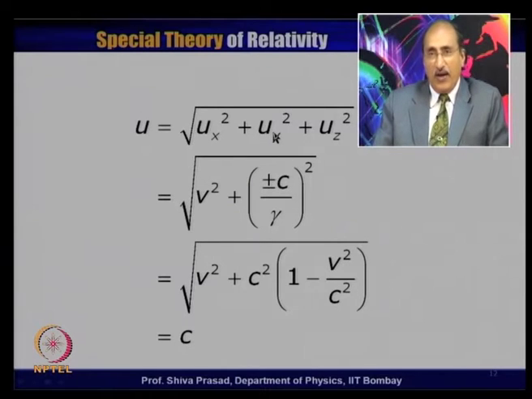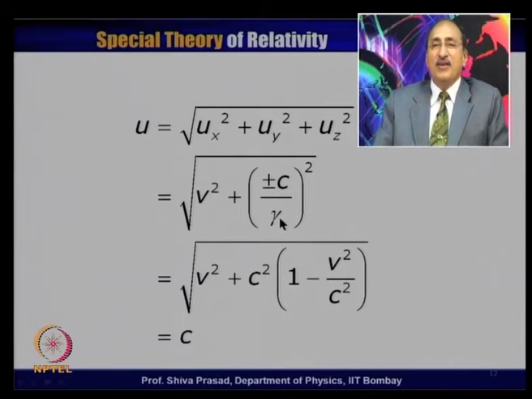For uy square, we have just now seen that uy was plus minus c by gamma, where these signs have to be appropriately interpreted. But once I square it, whether it is plus sign or a minus sign, both will make it plus. So, this equation would just reduce to v square plus c square by gamma square.